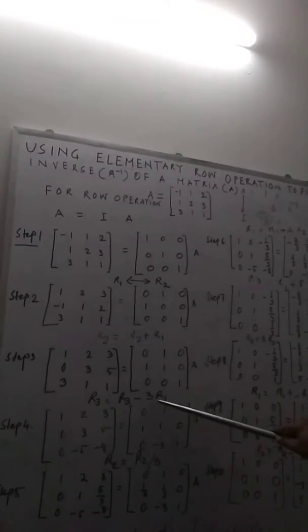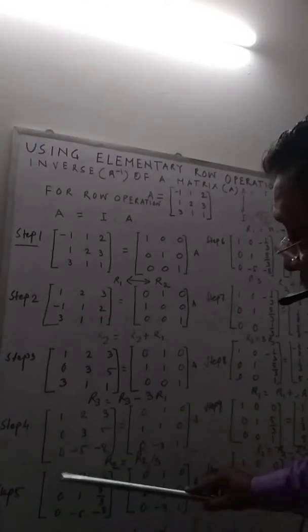And here I got 0 minus 5. So this is minus 3, because minus 3 into 1, minus 3. This is 3R1, so 0 minus 3, minus 3. And this is 1. So I got 0 minus 3, 1, and it is changed. So this first column has been changed into 1, 0, 0.